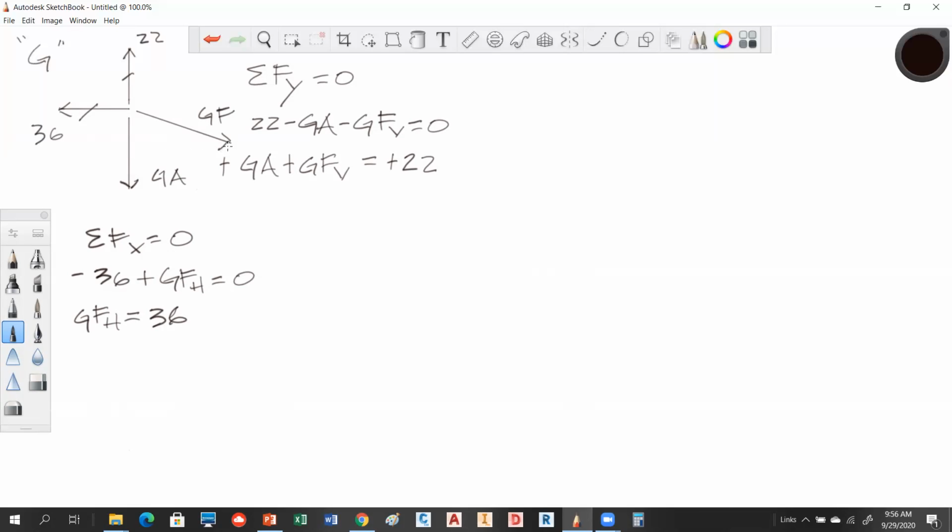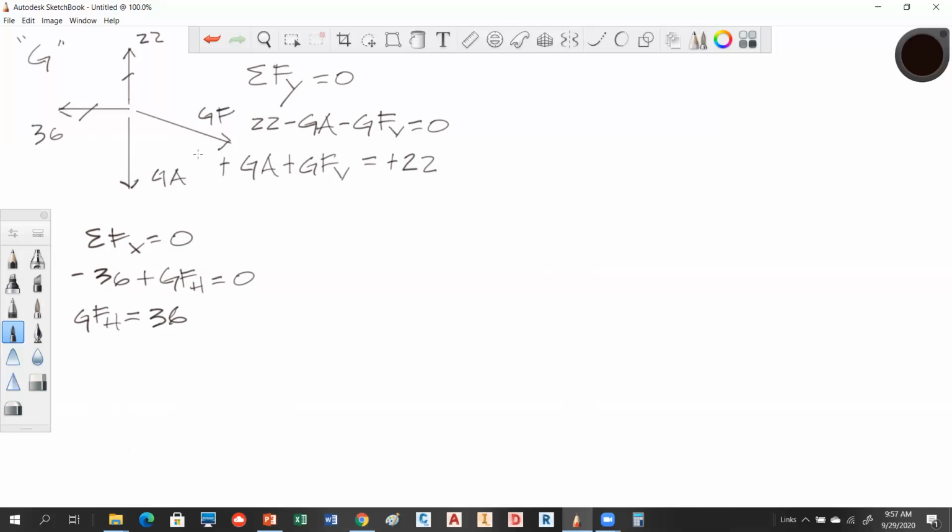You have to go back and look at your original diagram. Isn't this acting over 10? Yeah. What's the vertical though? That's a tricky part. Well, the total vertical from A to G was 10, but we're only looking at the vertical distance over GF.